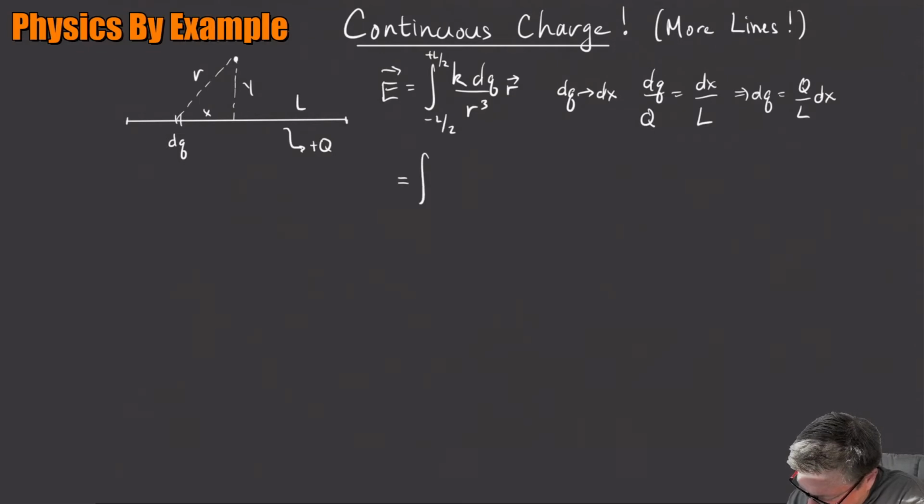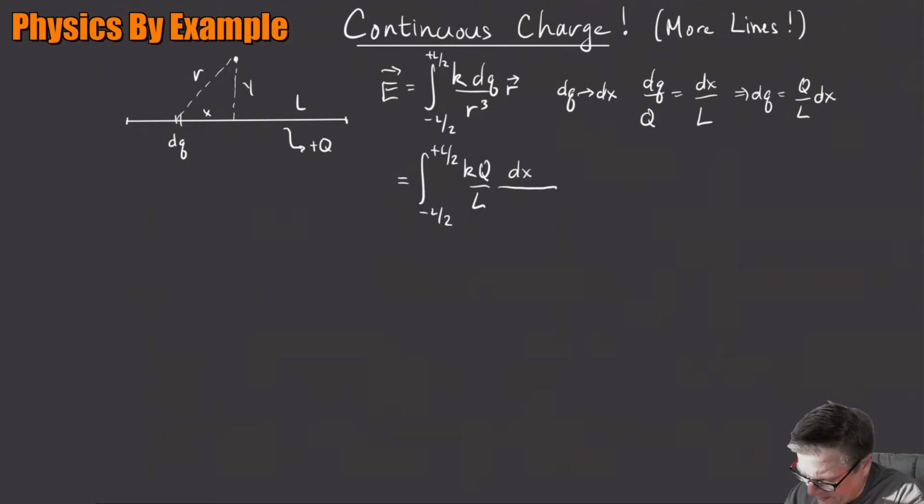So this is minus to plus, and I'm going to have kq over L, and I've got my dq, which is dx over r cubed. As we're going down the line, that r is going to be changing.